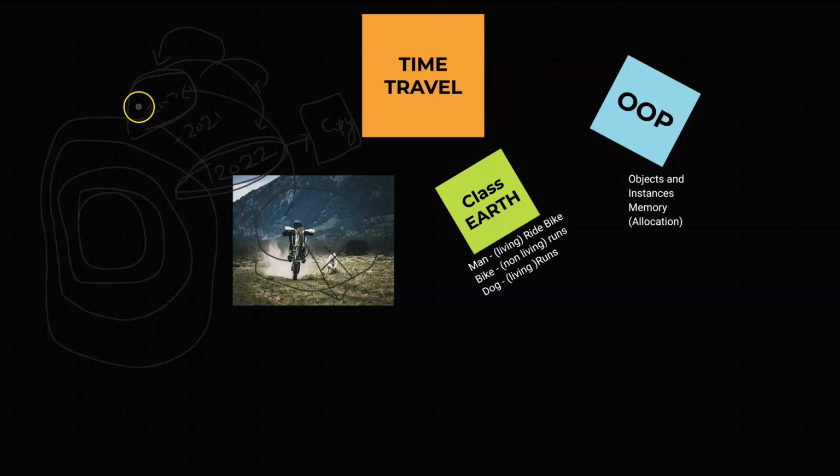So when the Earth hits 2020, a new object is instantiated for 2020, and all the instances, functionalities, events and everything occur, and then it finishes, but there is no object destruction when it comes to the class Earth. The instances remain there, and we move on to 2020 and we move on to 2022.